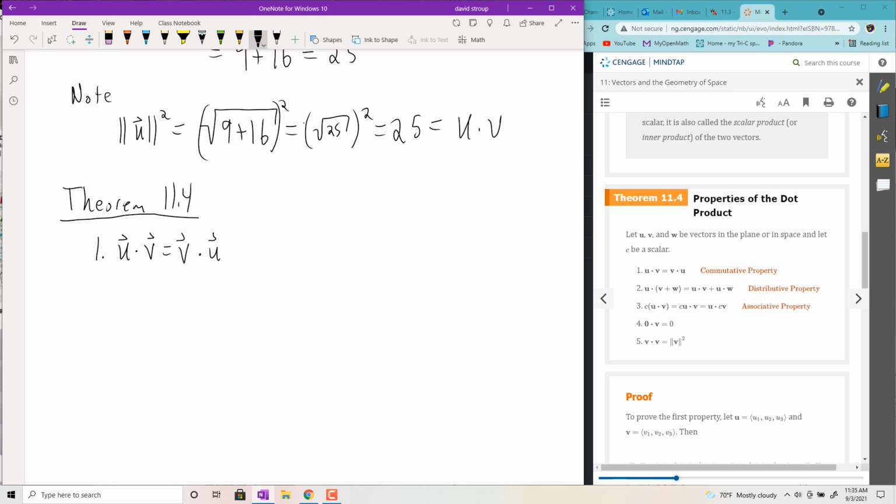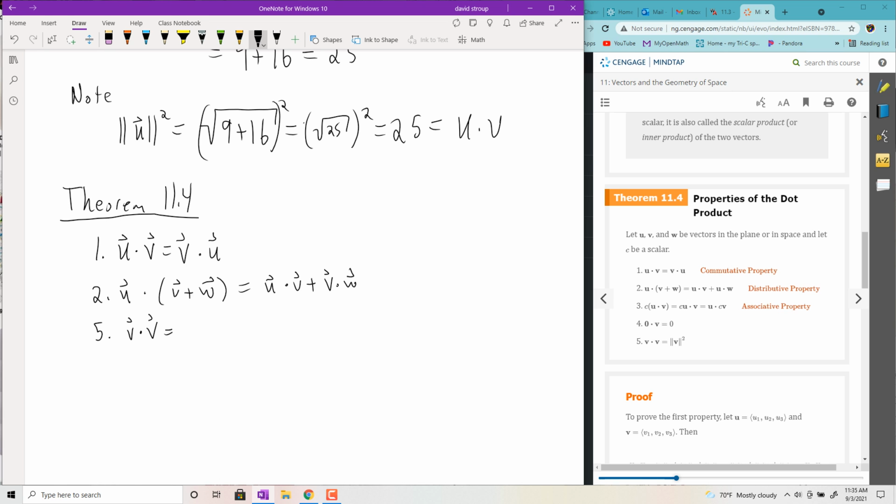There's kind of a distributive law. So u dotted with v plus w would equal u dot v plus u dot w. So some of them are there to help with the proofs that we go through. Some of them are helpful to reduce the number of computations that you're doing while you do your homework.